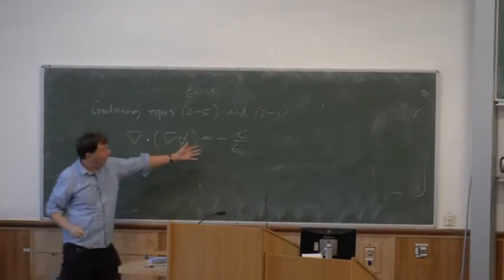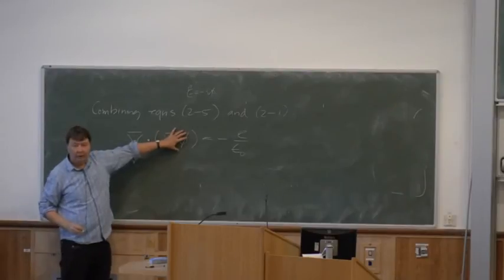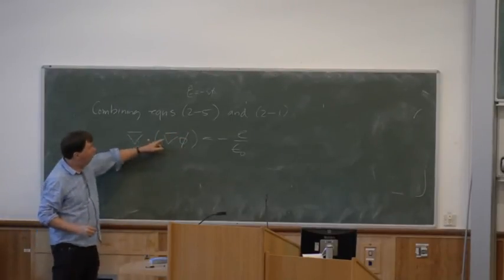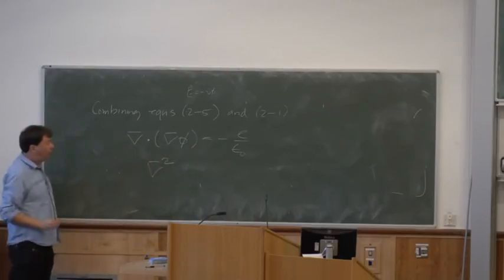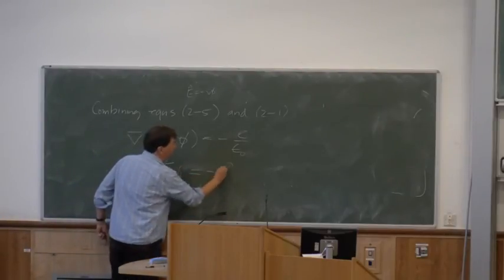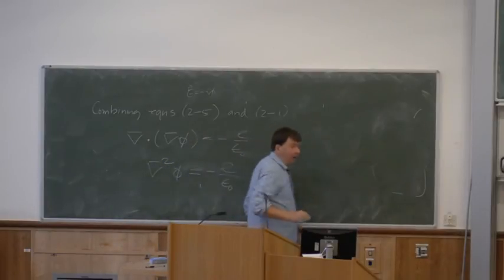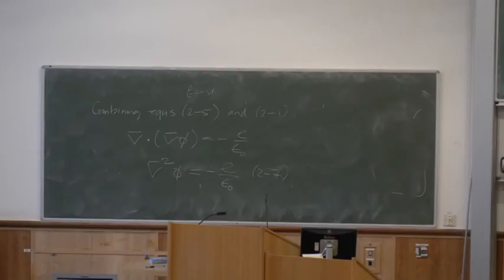Again, I've taken the minus sign across to this side, so I've replaced the electric field by minus del phi. But if I apply del dot del phi, that's the same as applying the scalar operator del squared, the Laplacian operator. So the Laplacian of phi is minus rho over epsilon naught. And that equation 2.7 is known as Poisson's equation.